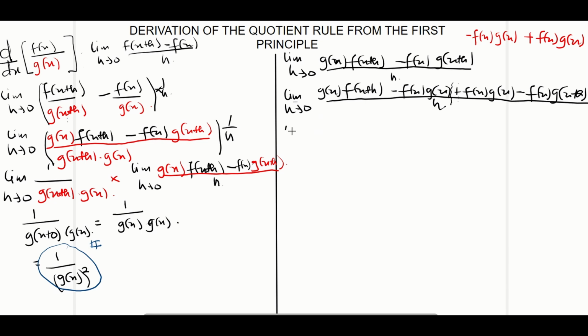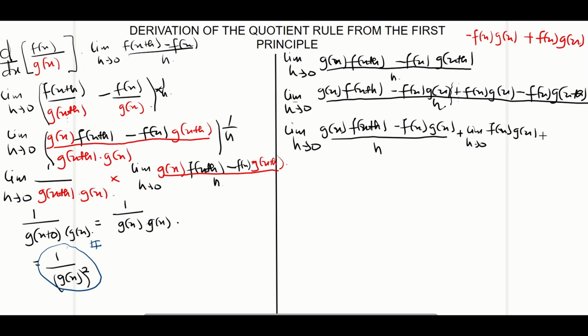So this is going to give me the limit as h approaching 0 of my g of x multiplying my f of x plus h, minus my f of x g of x, all over h, plus the same limit as h approaching 0 of all these sides, which is still going to be my f of x g of x minus my f of x plus whatever is here. But let's put everything downstairs here so that we take them one after the other.